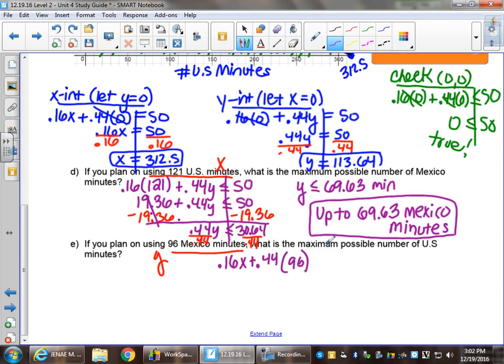For Y. Subbing in 96 for Y, less than or equal to 50, and we're still solving here. So 0.16x and then 0.44 times 96. We get 42.24 less than or equal to 50.